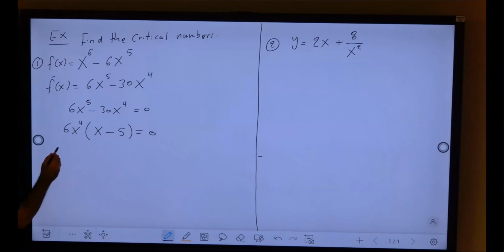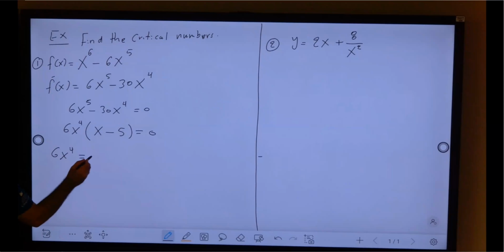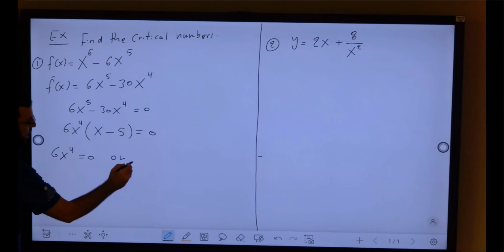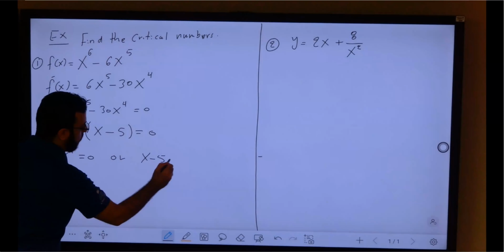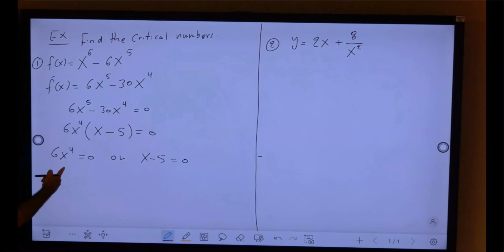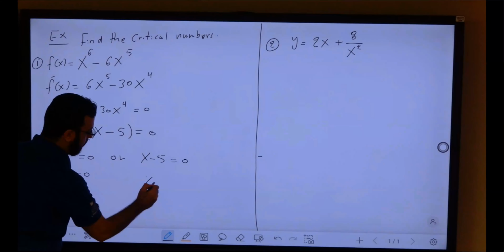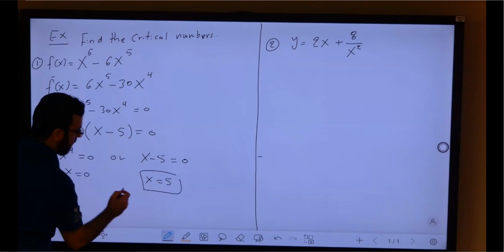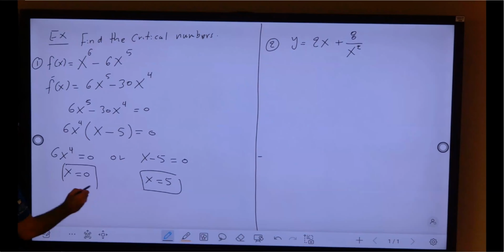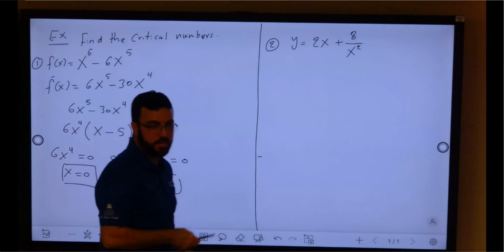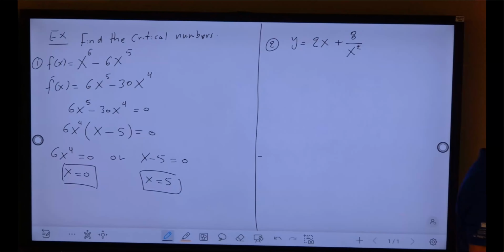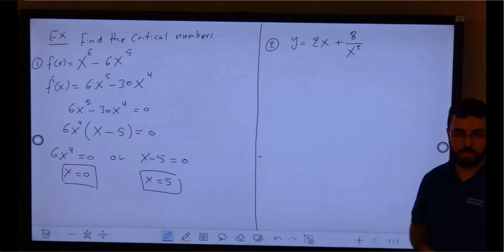So 6x to the power 4 equals 0, or x minus 5 equals 0. From this side, if you solve it, x is going to be 0. And from this side, x is going to be equal to 5. So these are the critical numbers. Is that hard? Yes or no?